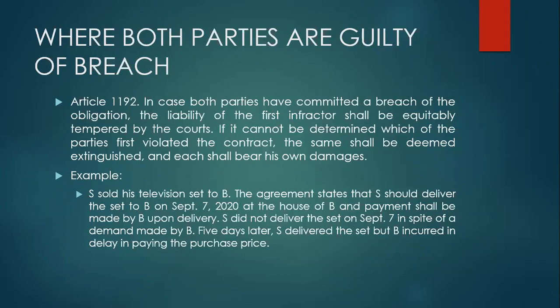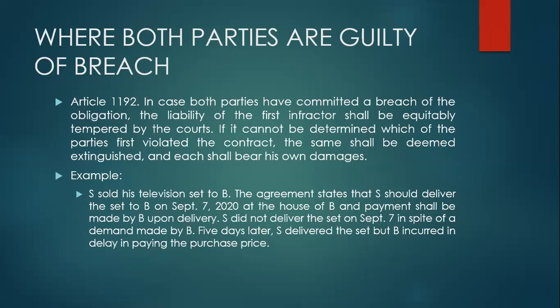For example, S sold his television set to B. The agreement states that S should deliver the set to B on September 7, 2020 at the house of B, and payment shall be made by B upon delivery. S did not deliver the set on September 7, in spite of a demand made by B. 5 days later, S delivered the set, but B incurred delay in paying the purchase price.